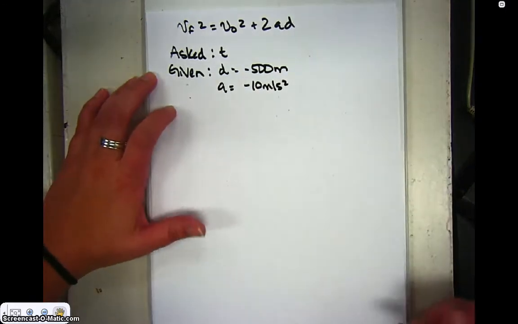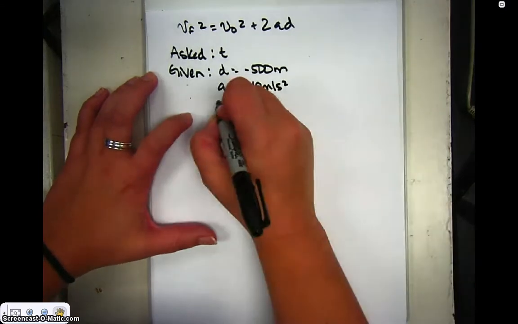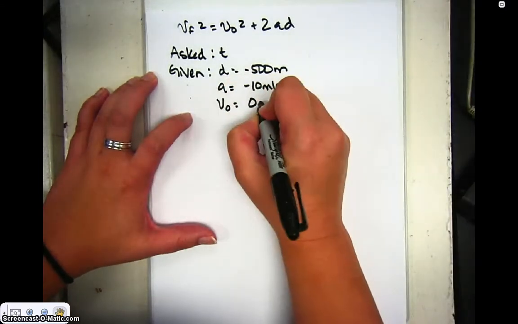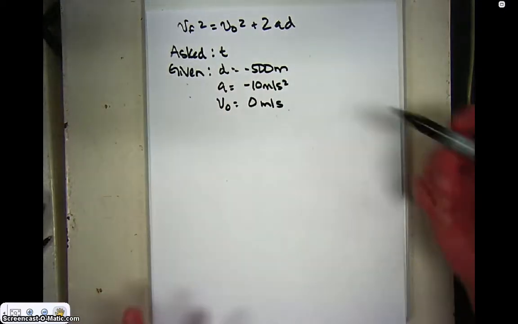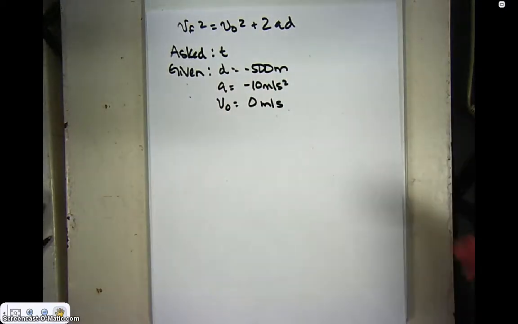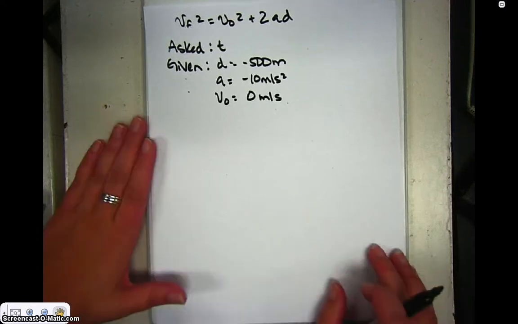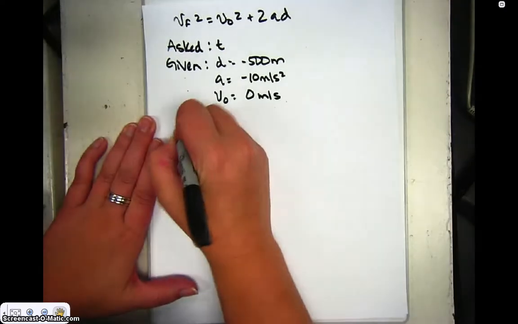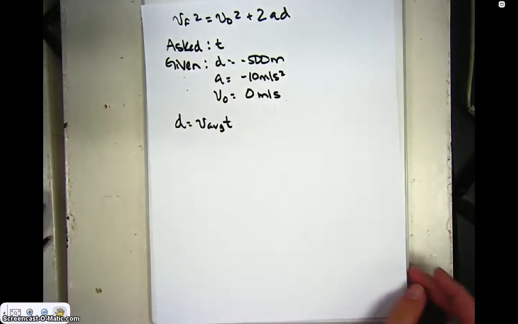And the other thing that we know, even without being told, if it's a dropping problem, is that my initial velocity is 0 meters per second. So we're going to try and derive an equation where we don't know how fast the ball is going when it hits the ground. The equations that we have are d equals v average times time, okay?